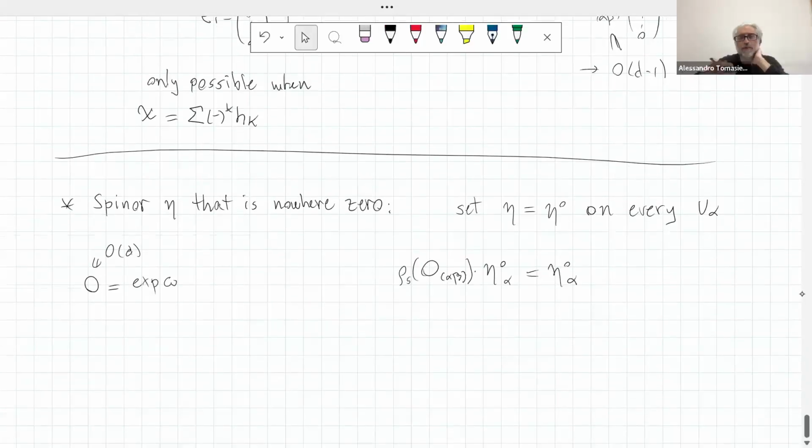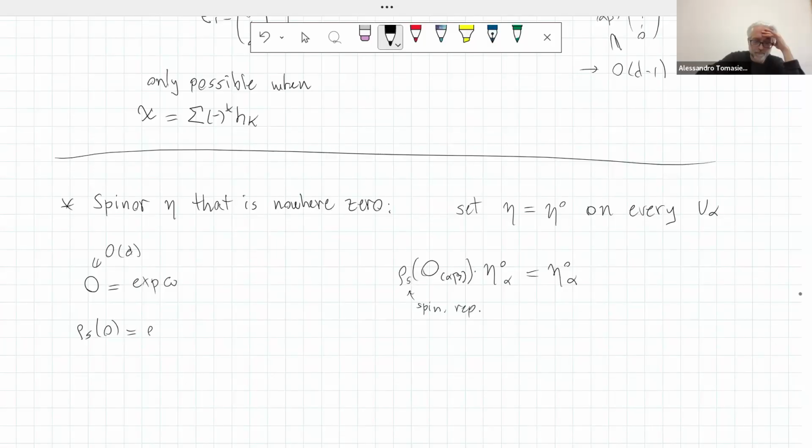Well, I'm now emphasizing that it is acting in a certain representation, in the spinorial representation. And this was defined last time with this formula, where omega slash is itself 1/2 omega mu gamma mu.